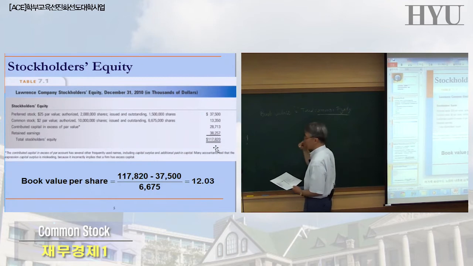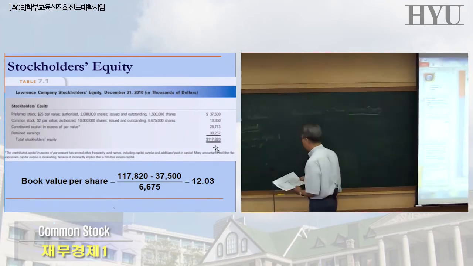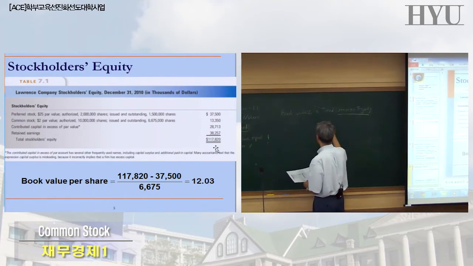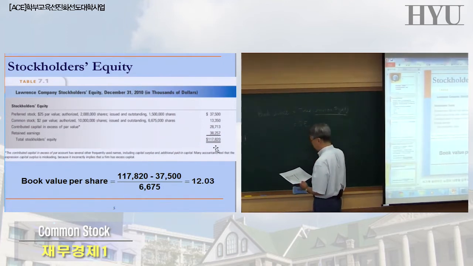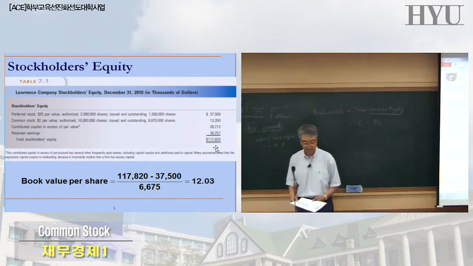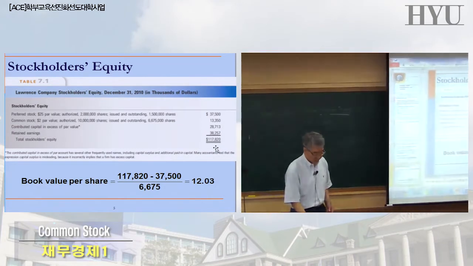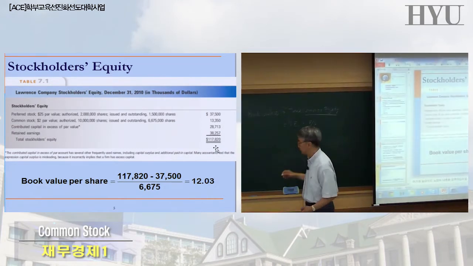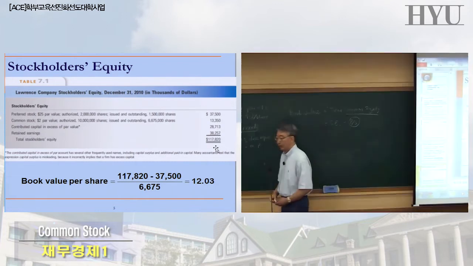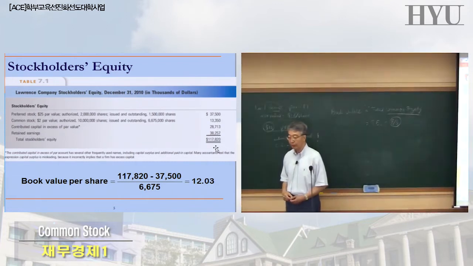Only the common equity. So that will be total stockholders' equity minus the value of preferred stock. PS stands for preferred stock. And make sure you understand why we do that. Why do we subtract the value of preferred stock when we calculate the book value of the company?